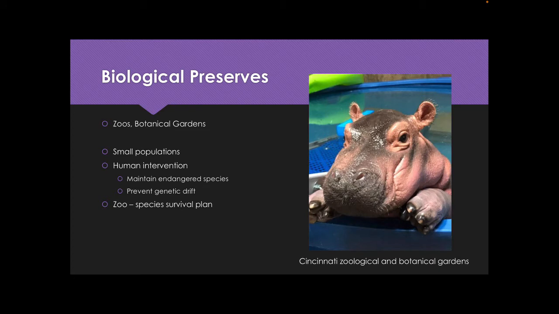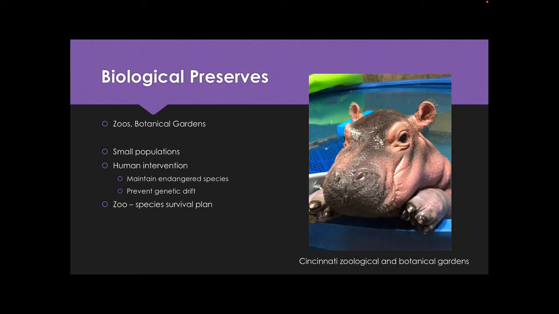This causes some challenges, especially when it comes to plant material, especially when it comes to zoos, because all zoos have these species survival plans so that you don't have genetic inbreeding. We tend to think of our gardens as unchanging, which isn't true, but it's really easy to see the problems that happen with zoos. If you paid any attention to zoos in the last couple of years, you will know that there was this little hippo born very, very early at the Cincinnati Zoo and Botanic Gardens, and she's survived.